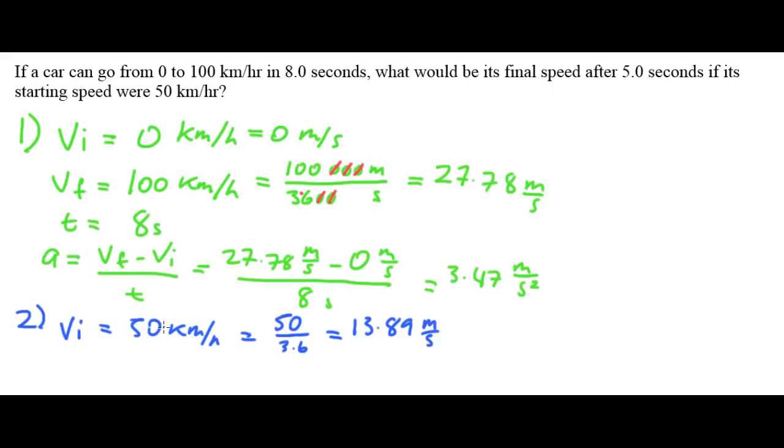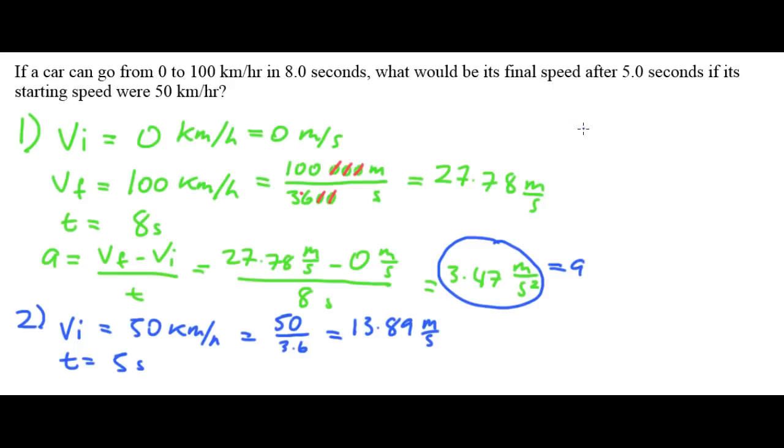Beautiful. So that's our initial speed. We have a time, which is 5 seconds, and we have our acceleration, which is 3.47 meters per second squared.